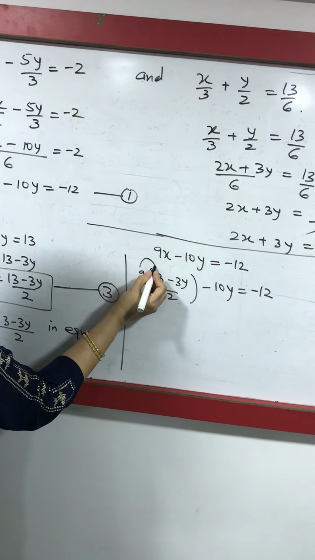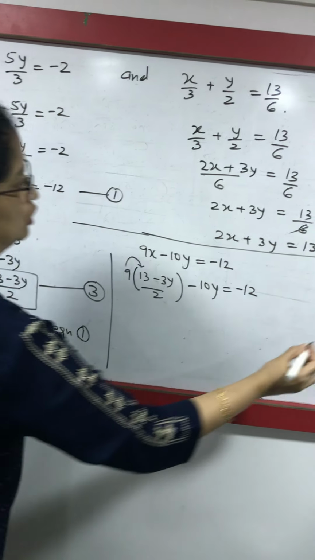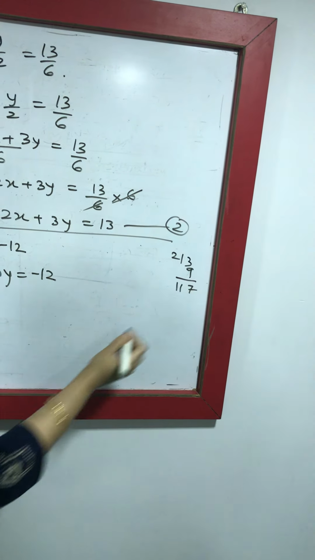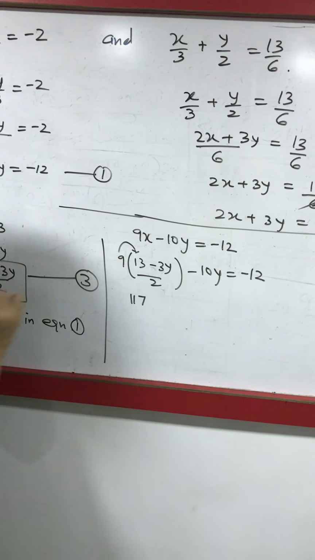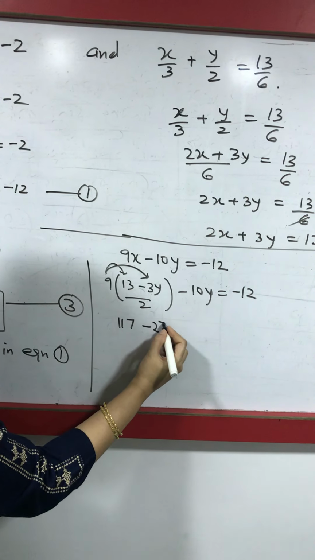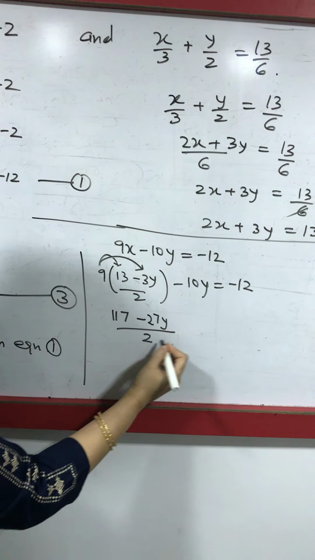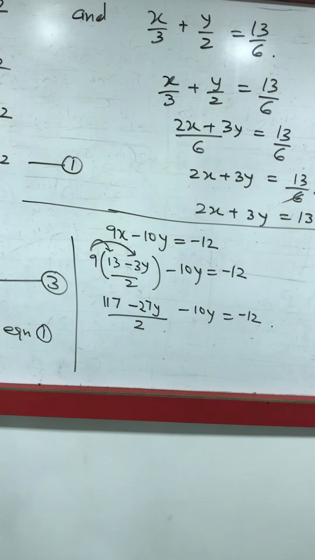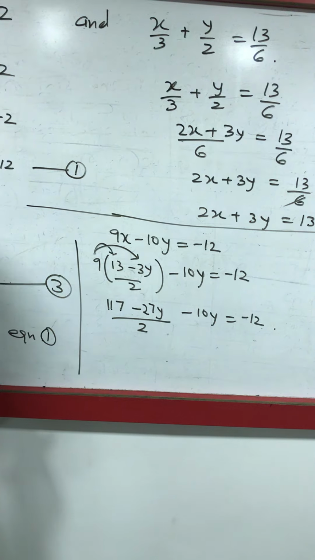Now 9 I multiply with 13. So 13 into 9 is 117. 9 into minus 3 is minus 27y. So I have multiplied 9 with both the terms in the bracket.